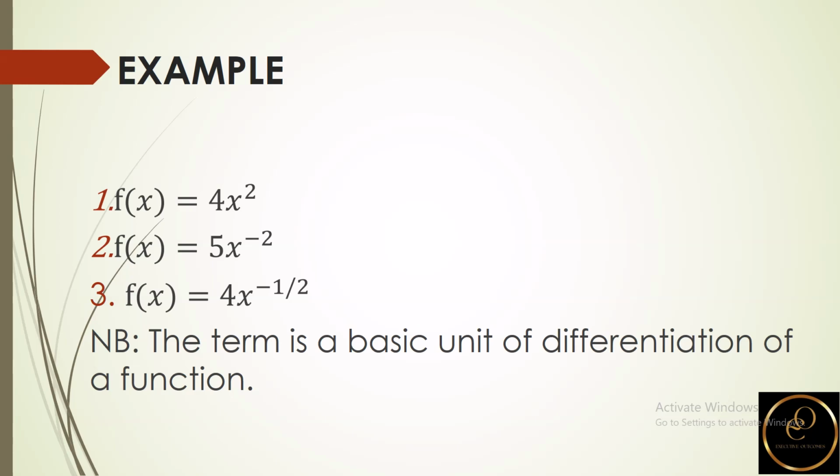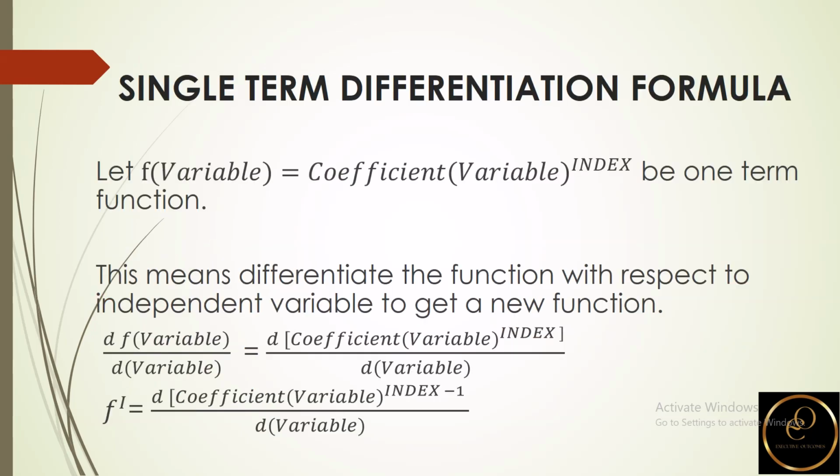The third one is showing you that the function of x is equal to 4x raised to power negative half. You should note very carefully that the term is actually the basic unit of differentiation of a function. Let's move on to look at the single term differentiation formula.